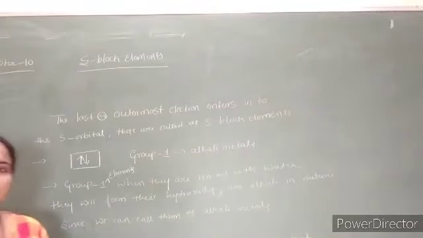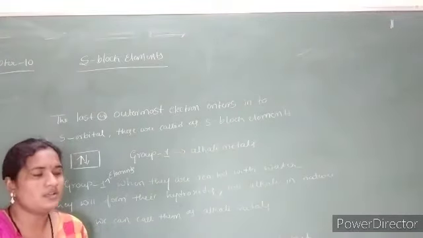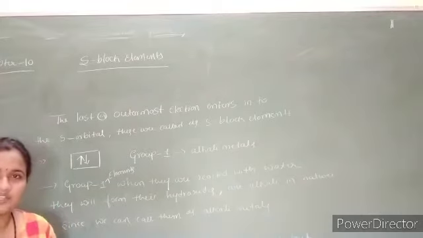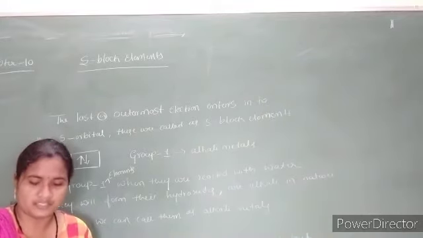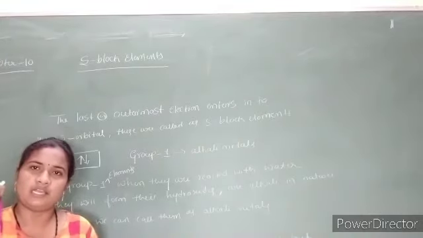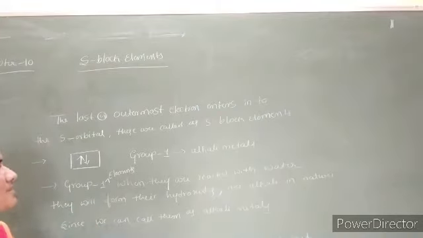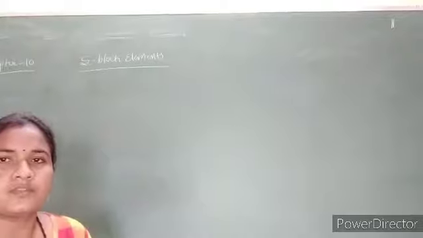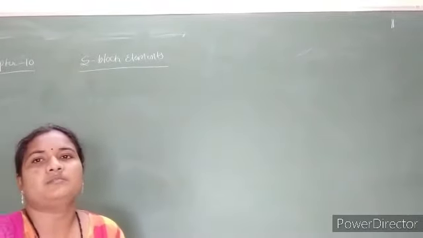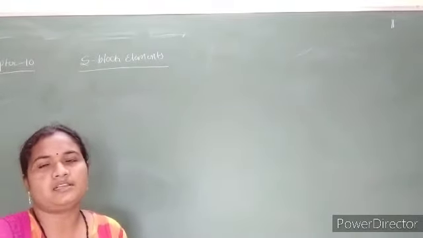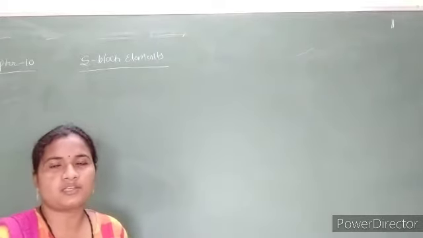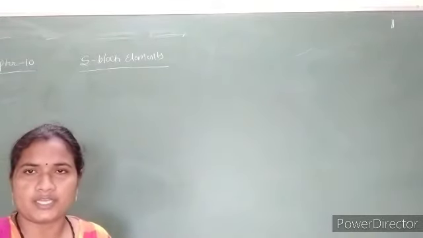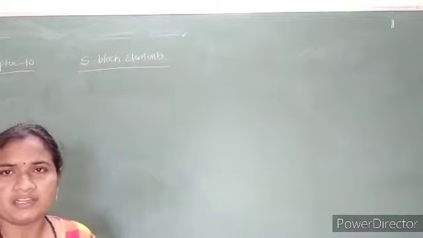Francium is said to be a radioactive element, as it has radioactive nature. So that's why the group 1 elements are said to be alkali metals, and these include lithium, sodium, potassium, rubidium, cesium and francium.